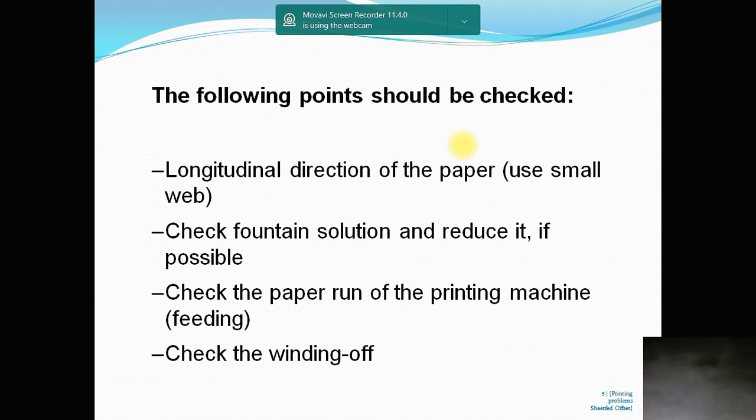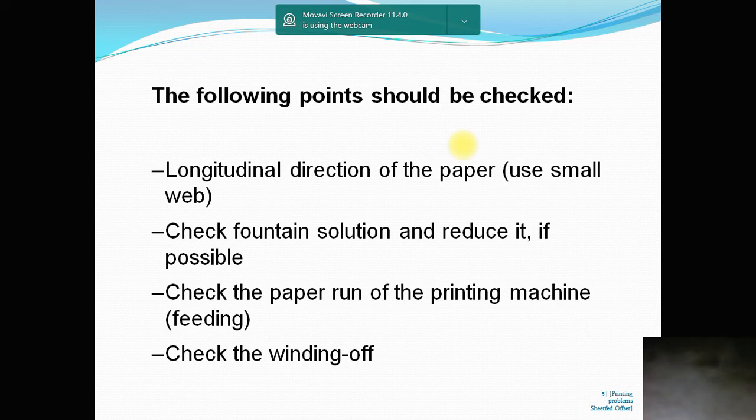The first one is better to use a small web. If it is because of the fountain solution, then reduce the fountain solution. Next, the third one is check the paper run of the printing machine. See, this is regarding feeding and transferring and registration unit.